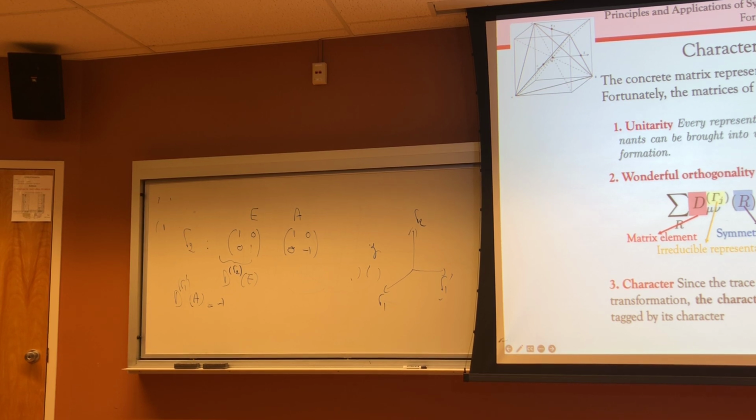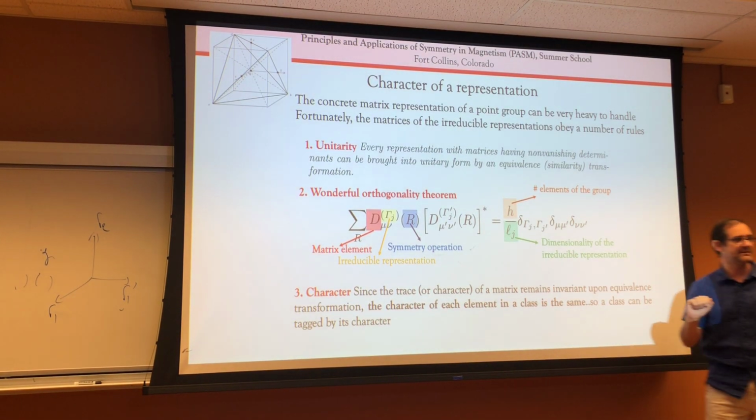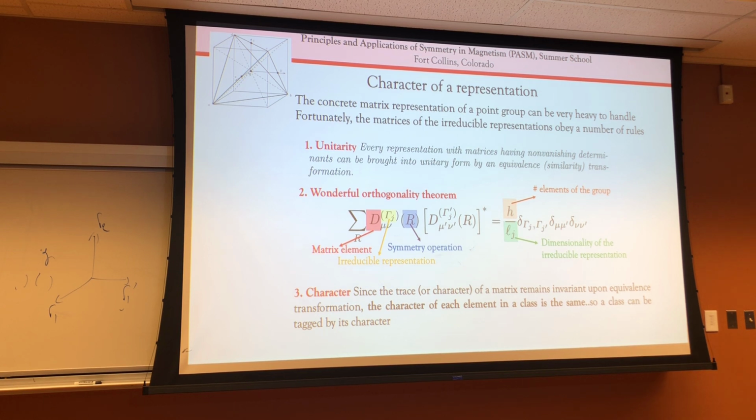This is a very important theorem, but we're not going to use this version of the theorem, because as I said, this matrix is not unique. So this is fine, but it means that if we can find something a bit simpler to deal with, it will make our life easier, and we're actually going to use the version of this orthogonality theorem applied on the characters, not on the matrix. Because now the character is unique.